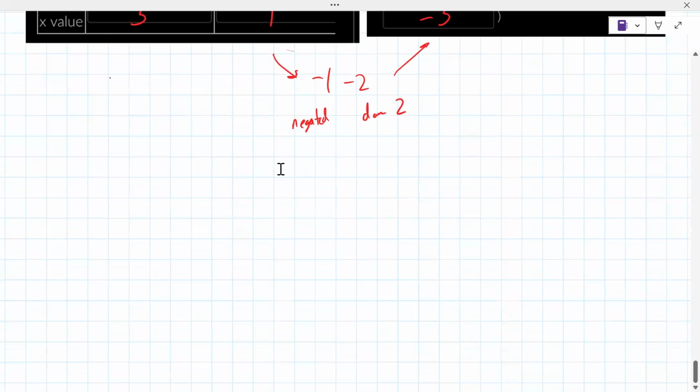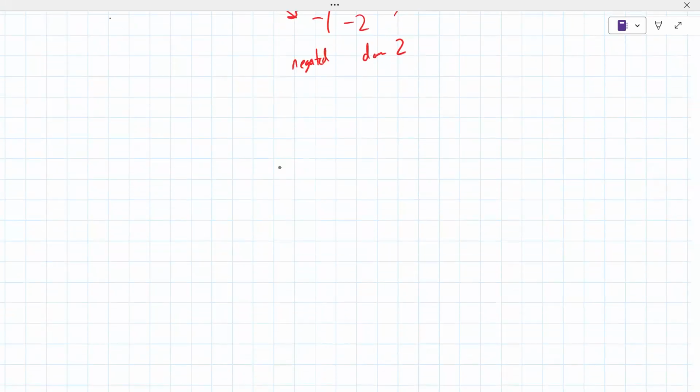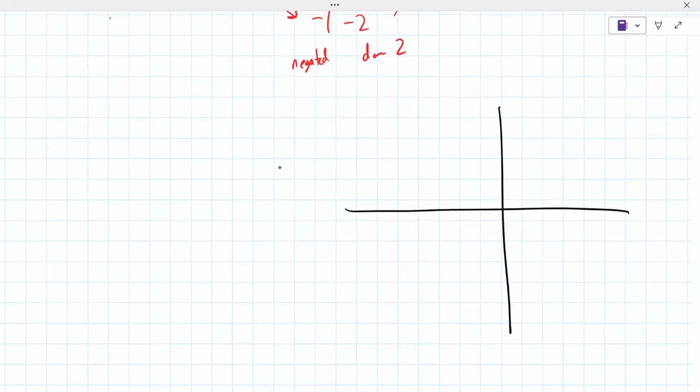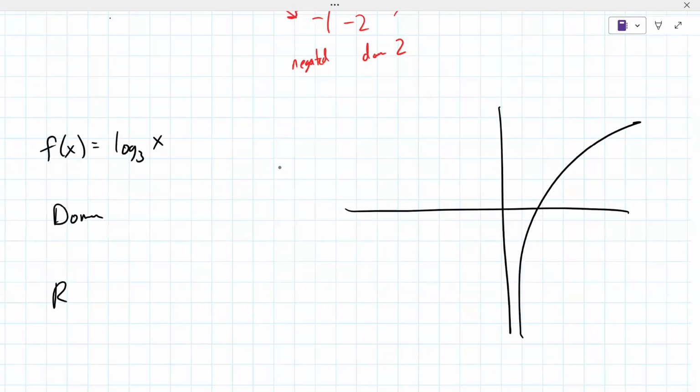Okay. So again, it really helps to know the graph here. So the original graph, log base 3 of x, looks like that. The range this time is all real numbers instead of the domain. The domain, though, is the part inside parentheses has to be greater than 0.